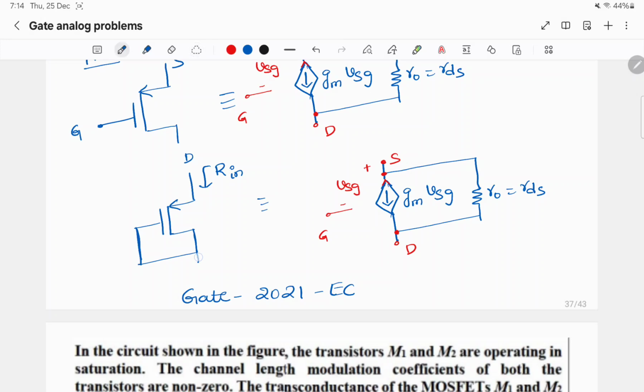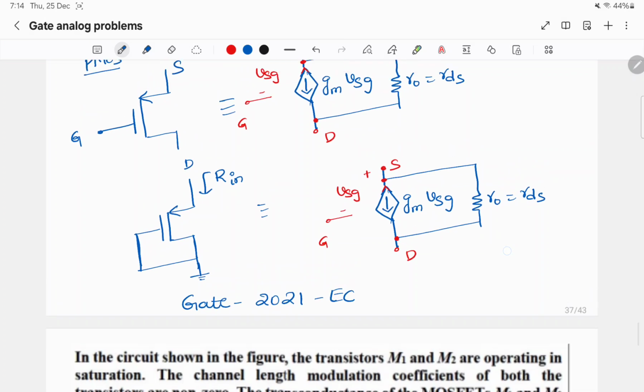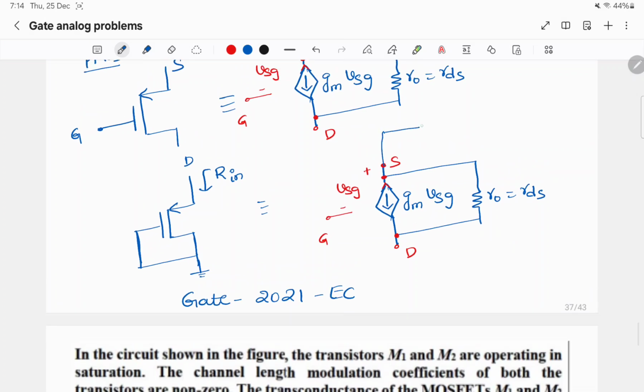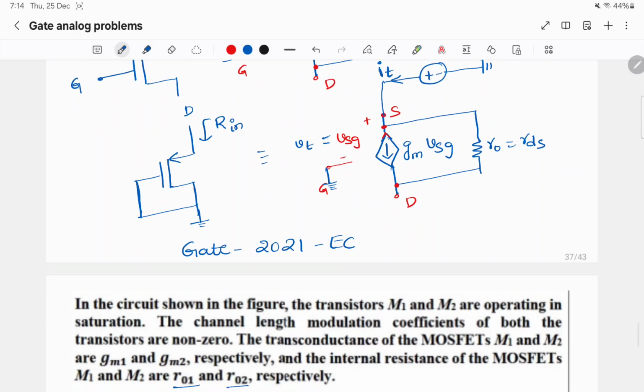Let us say this is grounded. If I apply a test voltage of Vt here, and the current is It. So VSG here will be, since Vg is grounded, VSG is Vt. This is also grounded. These two are connected.